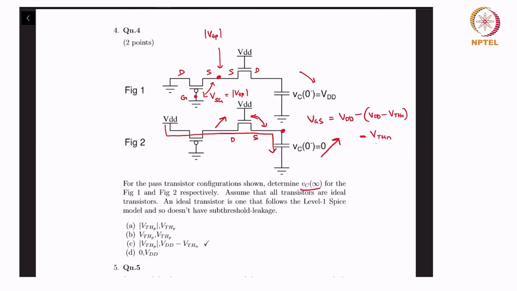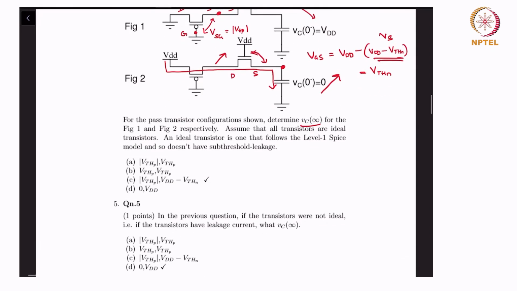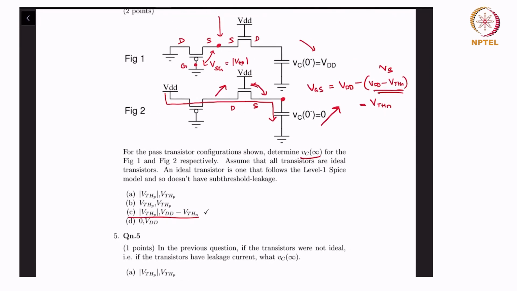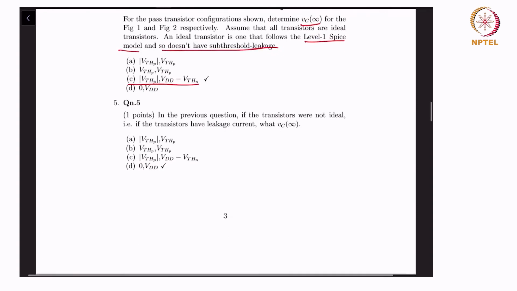It will only rise up until VDD minus VTN, right? This is VS, or the capacitor voltage in our case. So this is the answer, mod VTHP and VDD minus VTN, right? This is because, again reiterating, we have followed the level 1 SPICE model, and there is no subthreshold leakage.